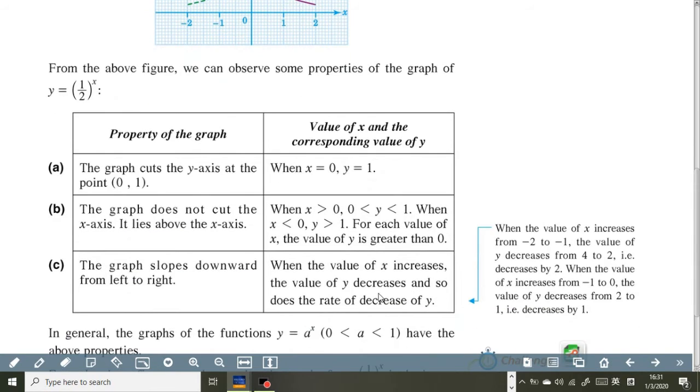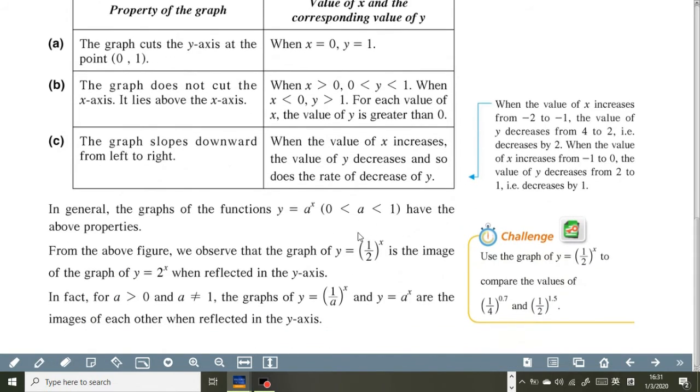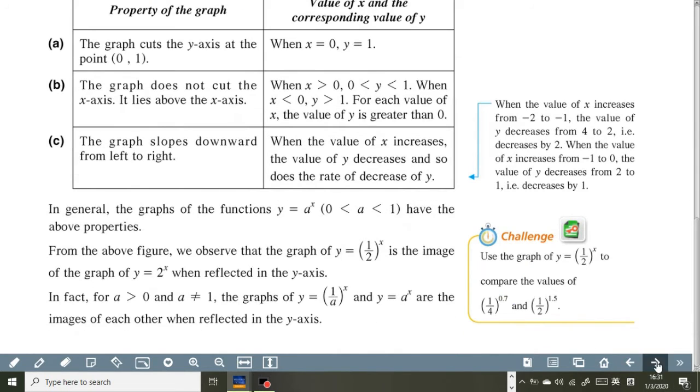So the rate is also decreasing. So we say that when the value of x increases, the value of y decreases, and so does the rate of y. In general, when the base a has values between 0 and 1, you have properties like this. So comparing them, we have a summarized table.